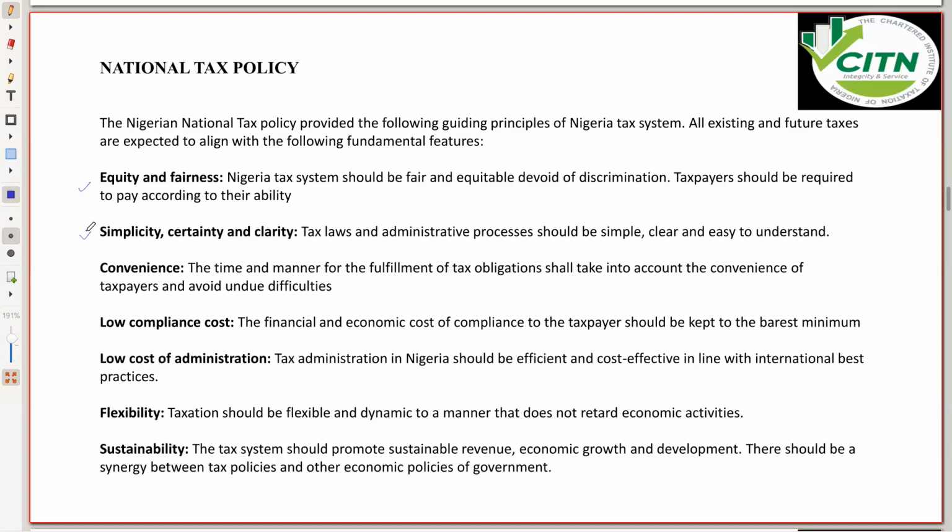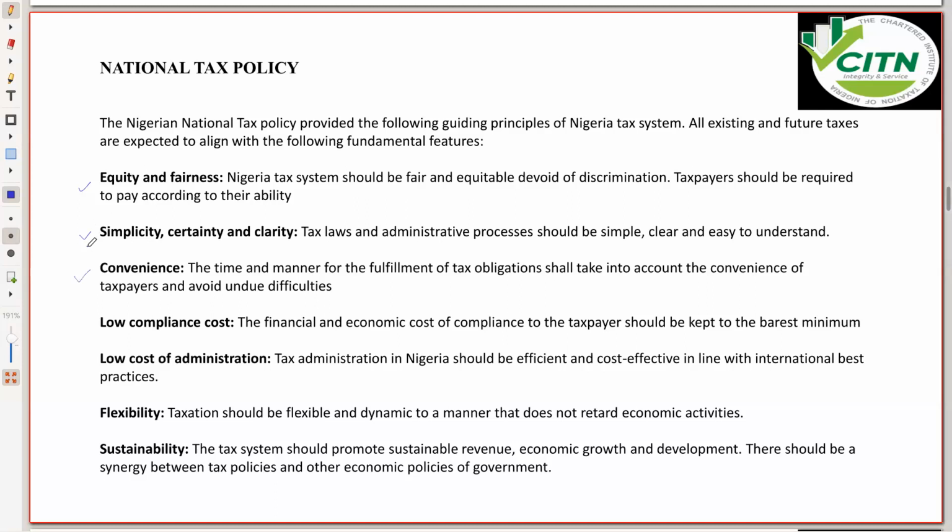It should be clear and easy to understand. It shouldn't be subject to interpretation. It shouldn't be a rule that if I give it to Mr. Lawyer A, he tells me this is what it means, and I take that same rule and give it to Mr. B, and he gives me an entirely different interpretation because it is ambiguous. So a tax system should be simple, certain, and clear.